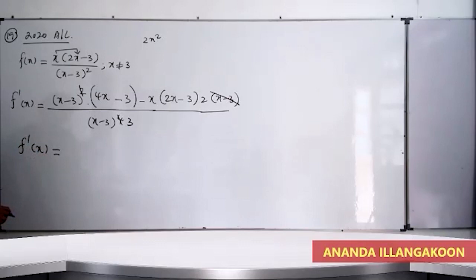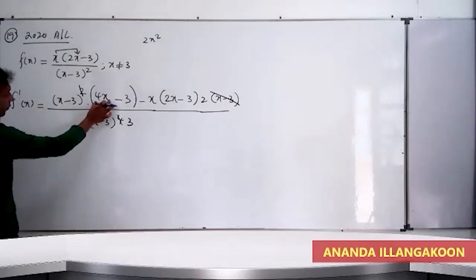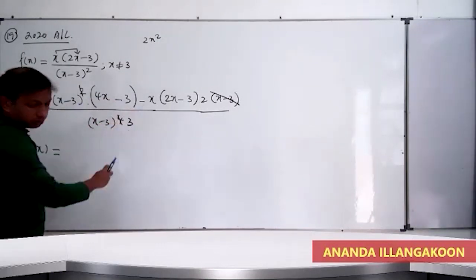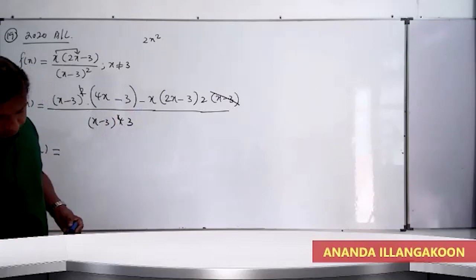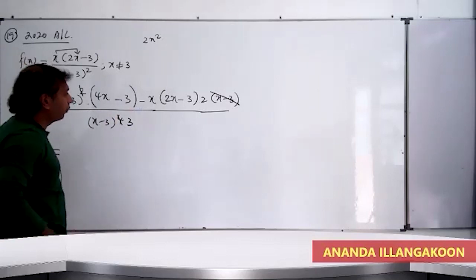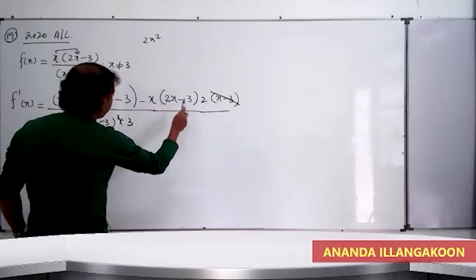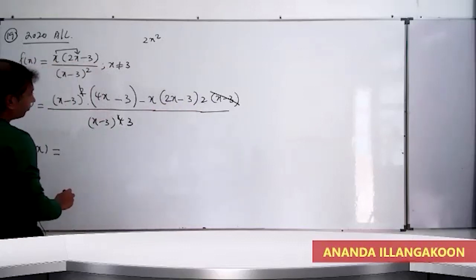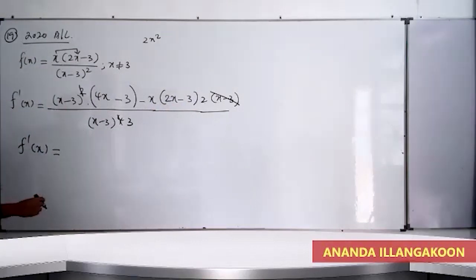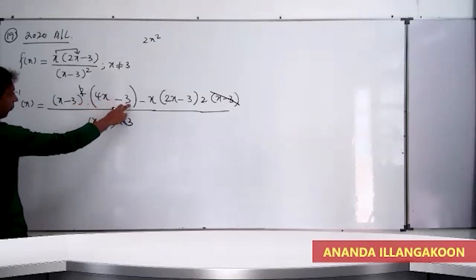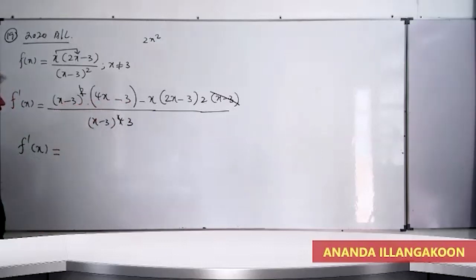Then f dash x we get. We have to remove the brackets here. 4x and x, 4x squared. Here also we get minus 4x squared, 2 and 2, 4, minus x squared. Then the x squared terms will cancel off. Now the x terms: here we get minus 12x minus 3x, minus 15x.